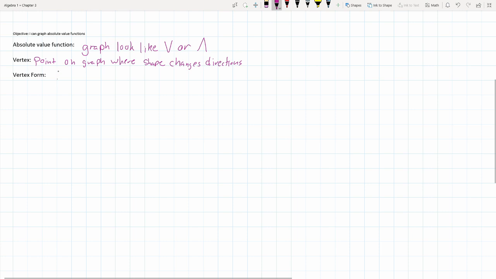Vertex form of an absolute value function is f of x equals a times the absolute value of x minus h, plus k. That x minus h inside the absolute value is kind of a big thing right here.